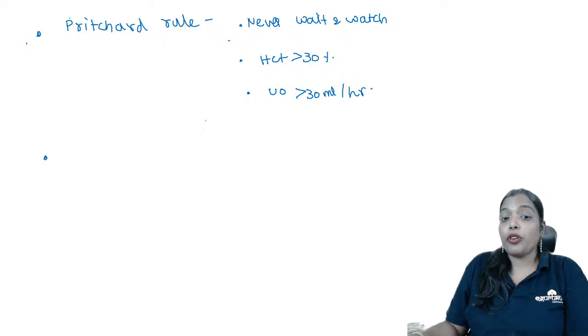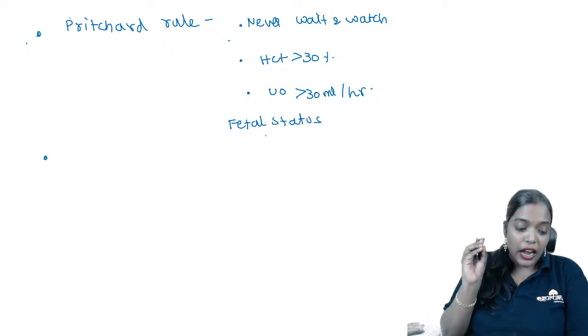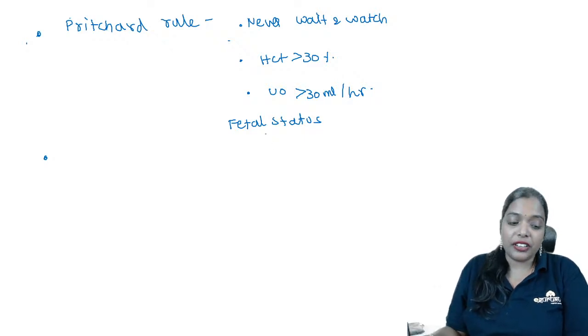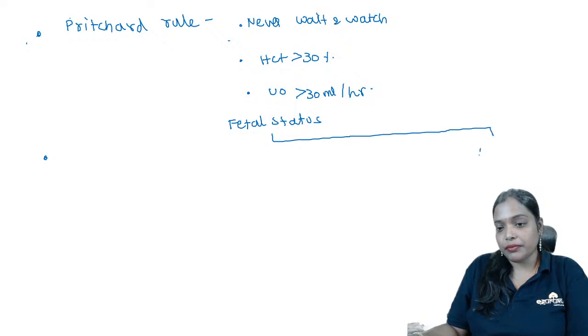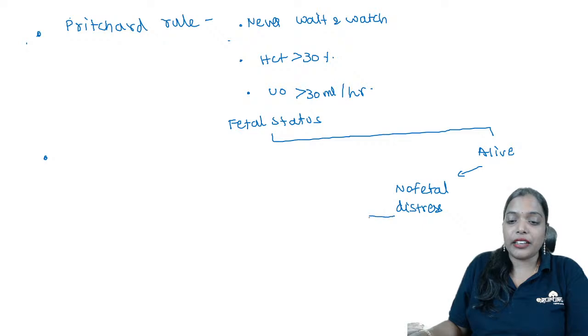Now regarding the mode of delivery, you have to check the fetal status first. This is a very, very important table, guys. I want you to understand this table perfectly. So you have to check the fetal status. If the fetus is alive, and if there is no fetal distress, then you will try to conduct vaginal delivery by induction of labor.